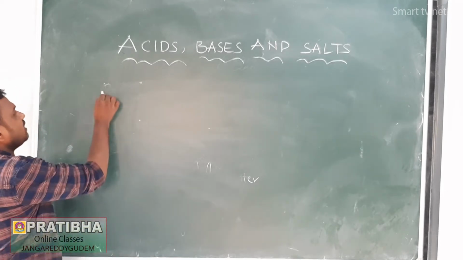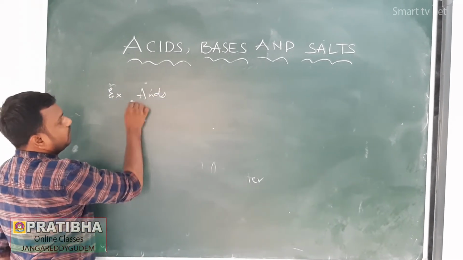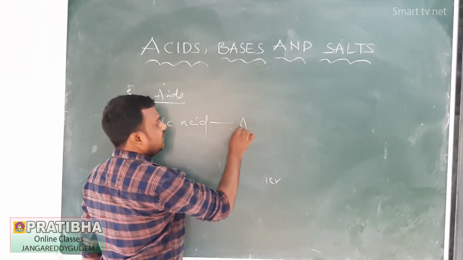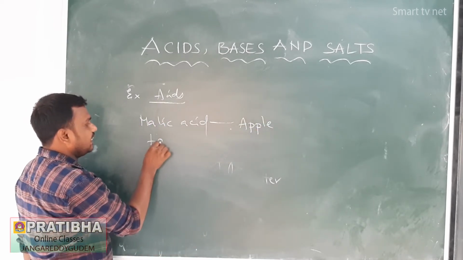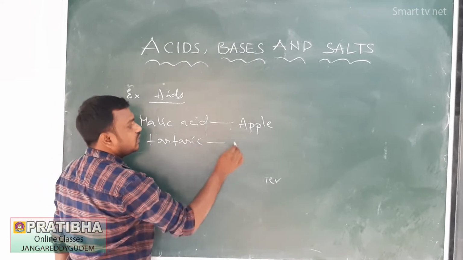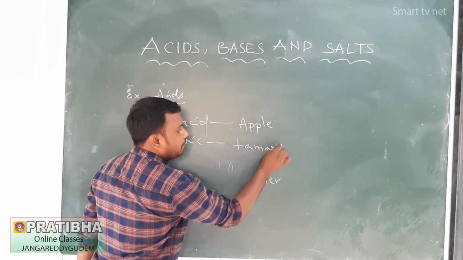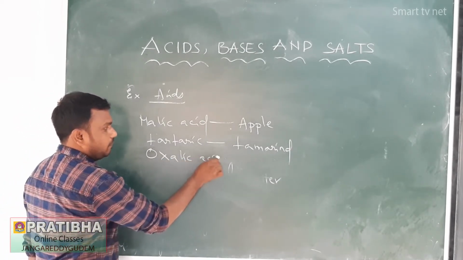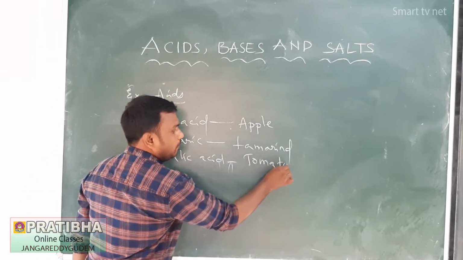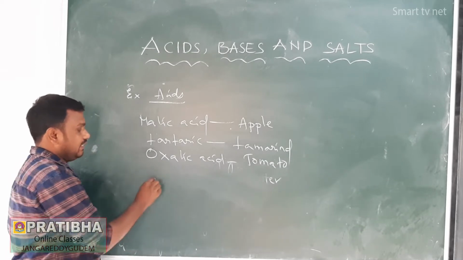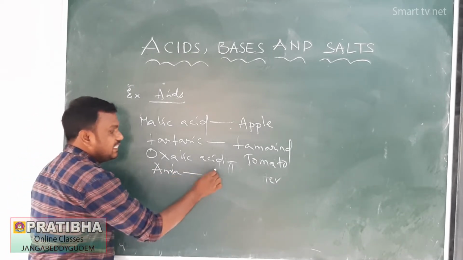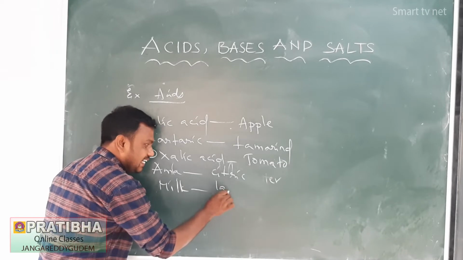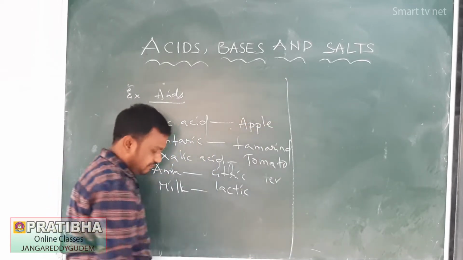Examples of acids: malic acid in apple, tartaric acid in tamarind, oxalic acid in tomato, citric acid in amla, and lactic acid in milk. These are examples of acids.